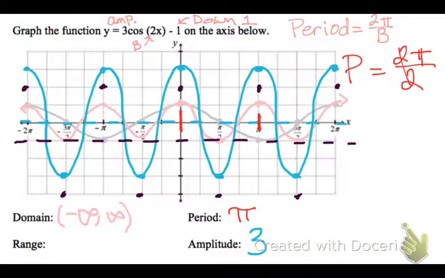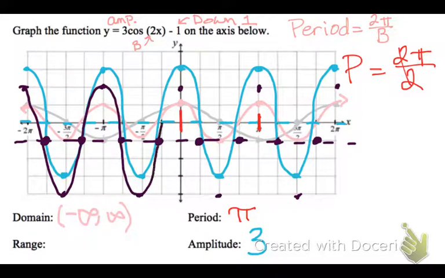And I have to keep these hill valleys pretty consistent. So I'm just going to draw where my intercepts should be. They're all moving down 1 unit also, to try and help make this as accurate as possible.